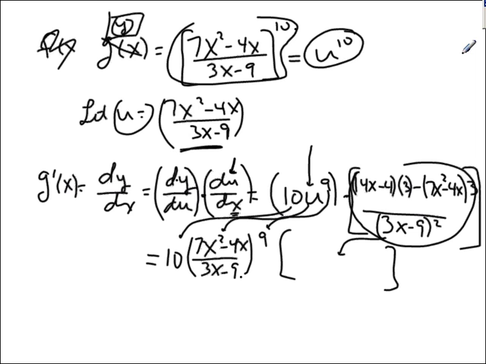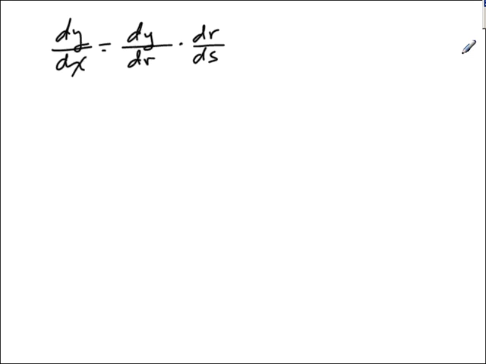Okay, now I do want to show you one last problem. Slightly different. This formula that I gave you can go on and on and on. You can have dy over any letter, dr, and then dr over any letter, ds. You kind of have the dr canceling, and now you have dy over ds.